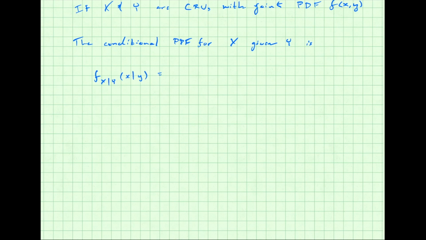And so this works just like we've done before. It's the joint distribution on top, and then underneath the marginal. You can only use this definition when the marginal distribution is not zero, which it can be, as we've just seen.